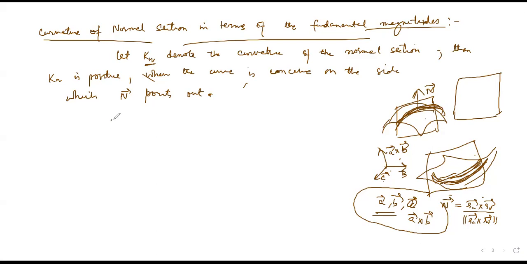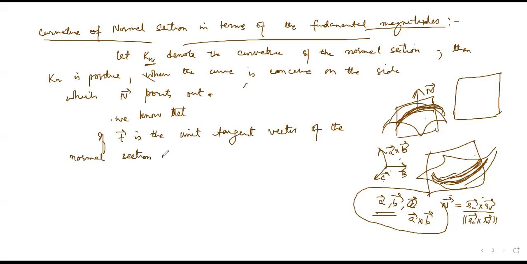Okay, now we know that if t is the unit tangent vector of the normal section of this curve on the surface, then dt differentiated with respect to the arc length is equal to r double dash, that is t dash, and we know that this is k sub n, because kn is the curvature of the normal section.